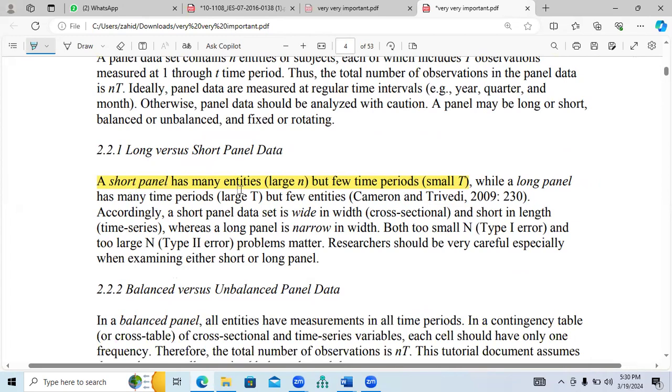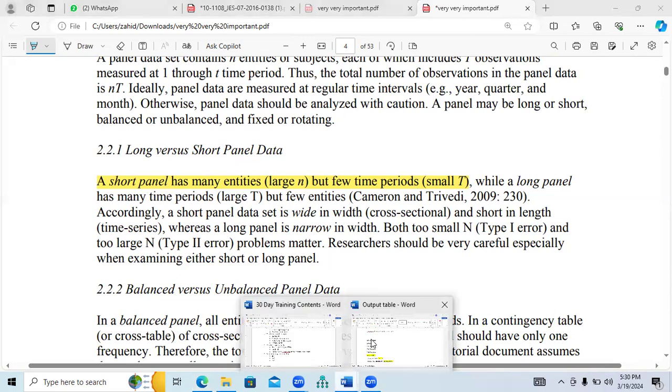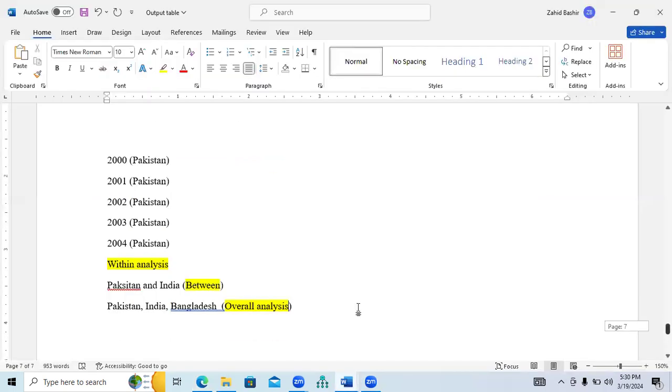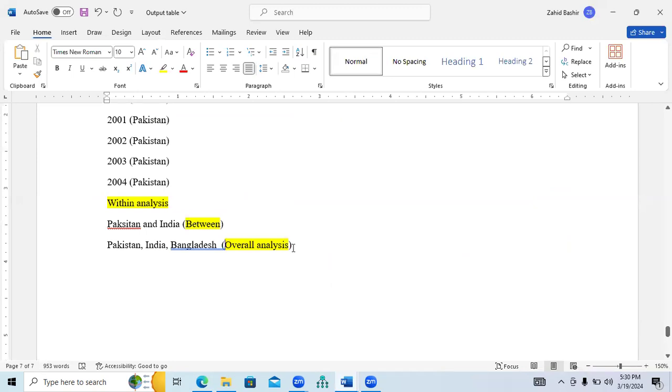You may have a short panel, where entities are large and time periods are few. In case of a short panel, you may have a large number of entities and a smaller number of time periods. The time period is less than the number of entities.